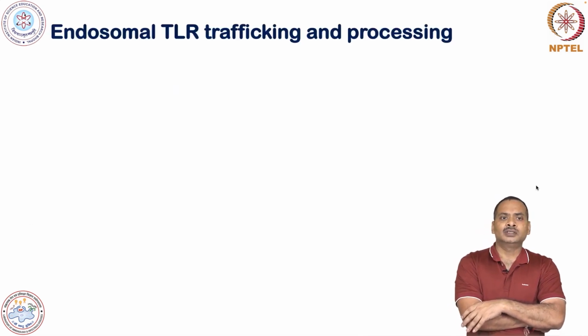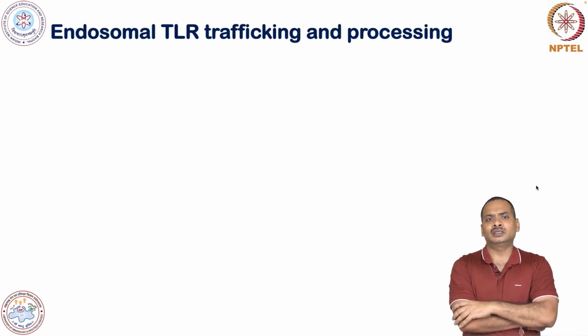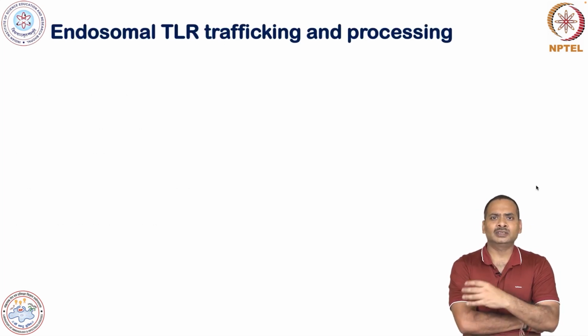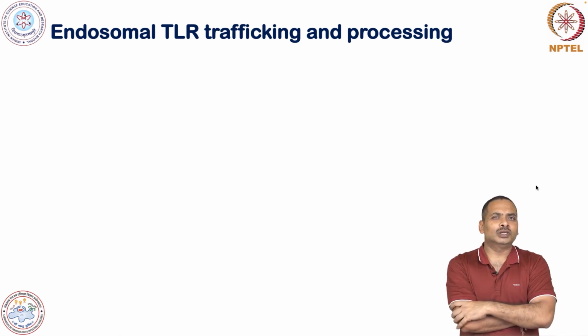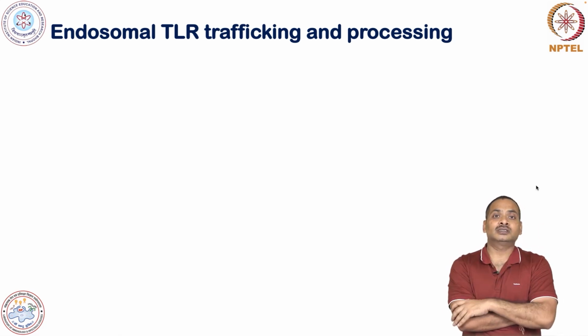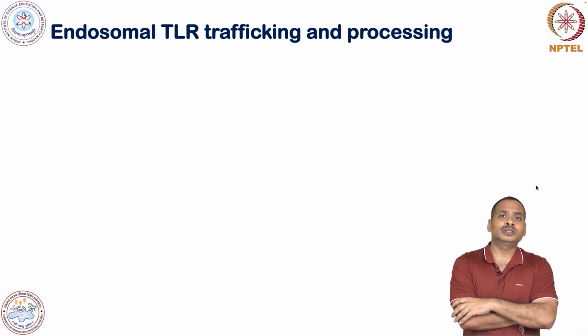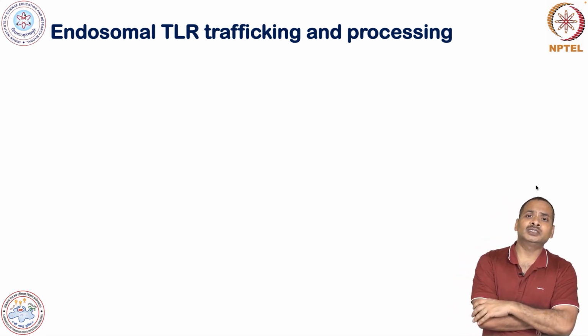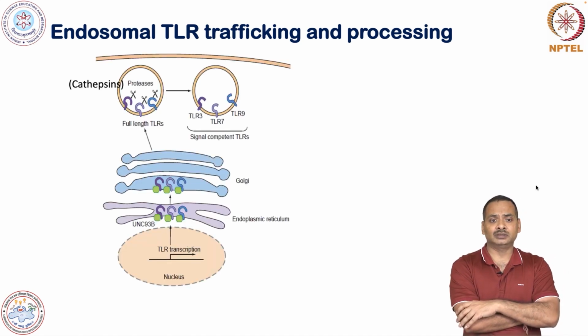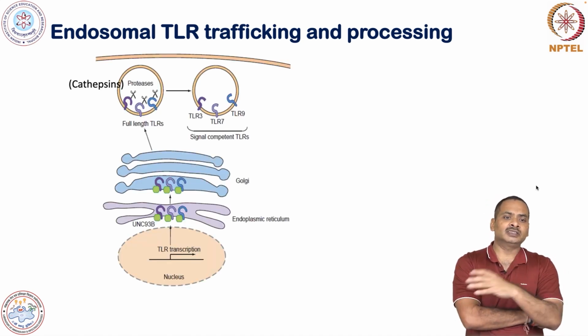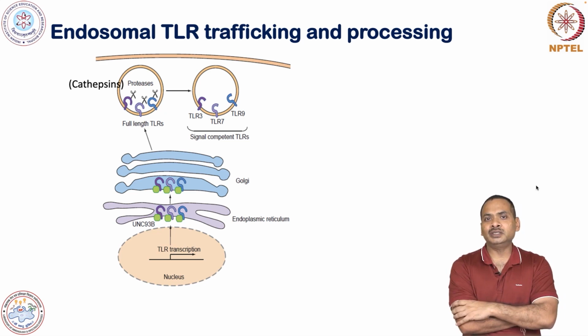So, endosomal TLR trafficking and processing. There is one very important molecule which I have not discussed during TLRs in the previous session, which we call UNC93B.